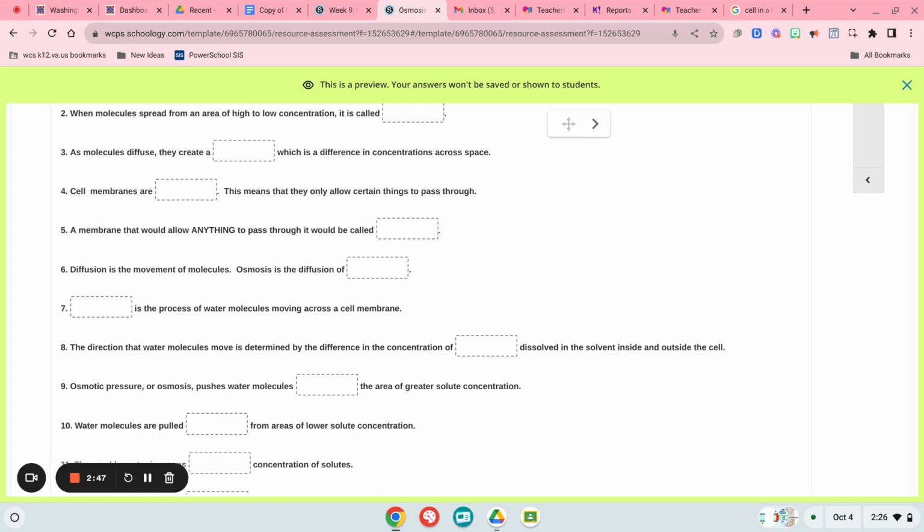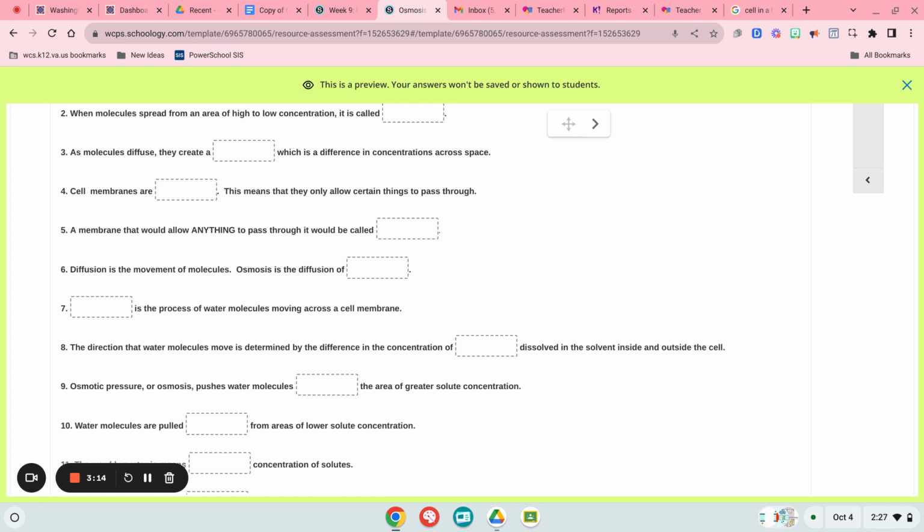So when it comes to osmosis itself, there's several different ways that you can look at it. You can look at the movement of water just from high concentration to low concentration. Wherever there's the greatest concentration of water and wherever there's the lowest concentration of water, the water is going to move from high to low concentration until it's even.